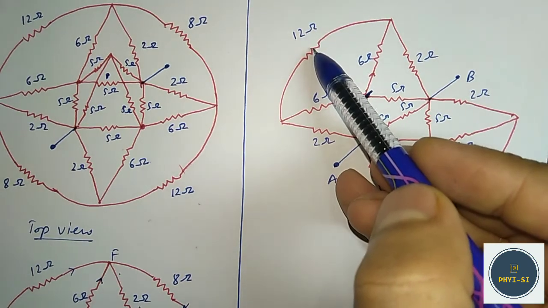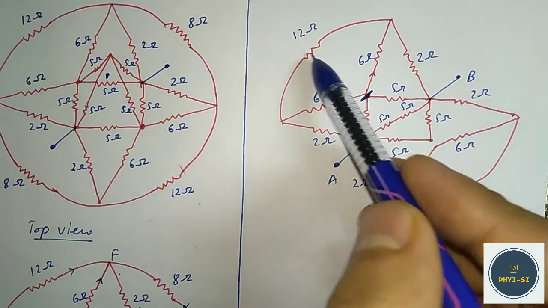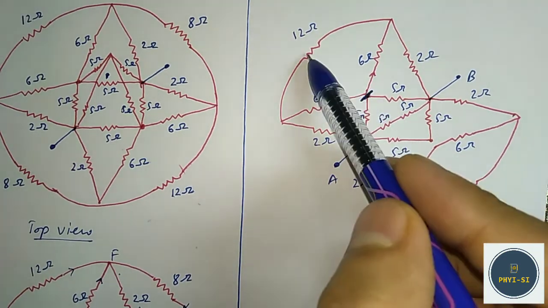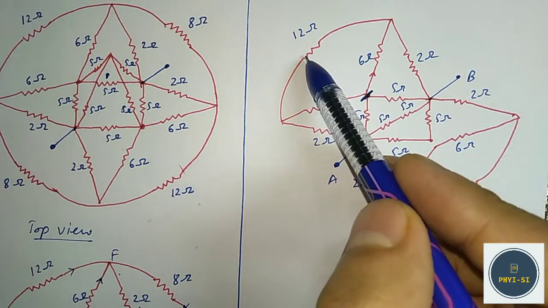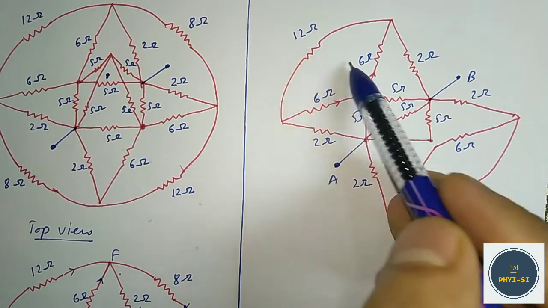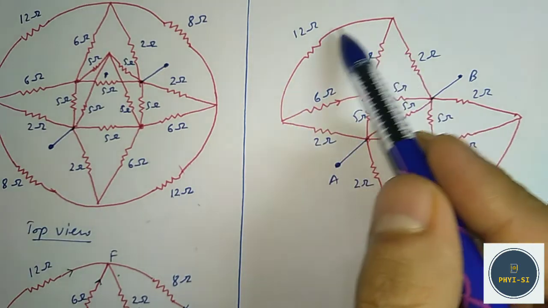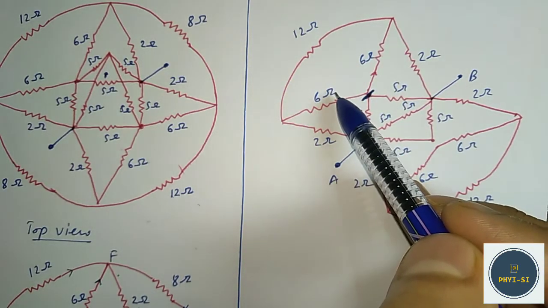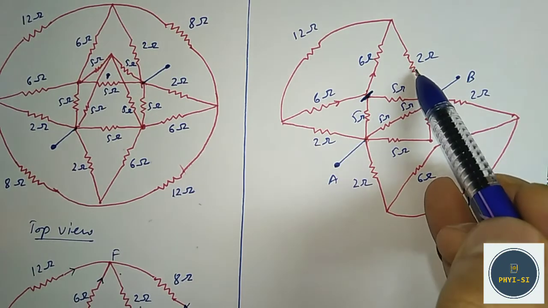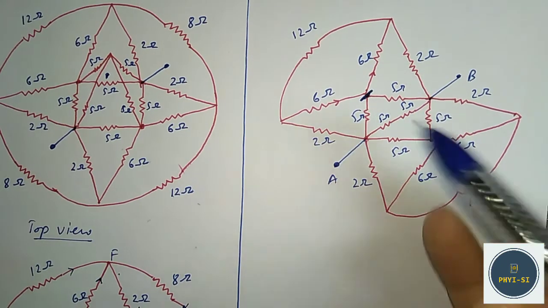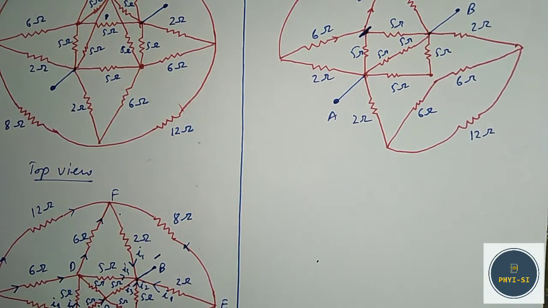This is 12 ohm and this is 12 ohm, in series. So the equivalent resistance of this 12 ohm and this 12 ohm, because these are in series, and these will be in parallel with this, the whole resistance of this particular loop will be equal to 6 ohm. This 6 ohm will be in series with 2 and 2, and we will have this.